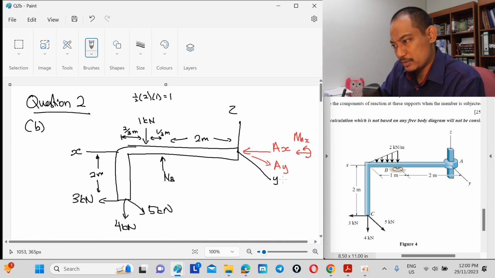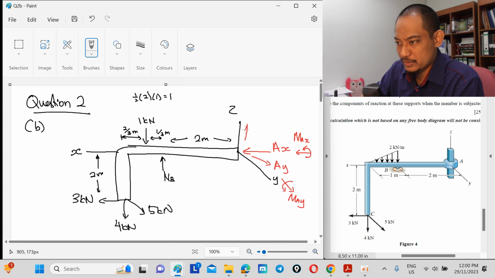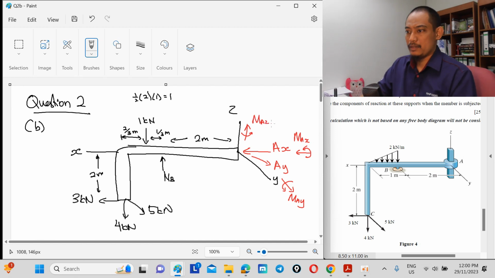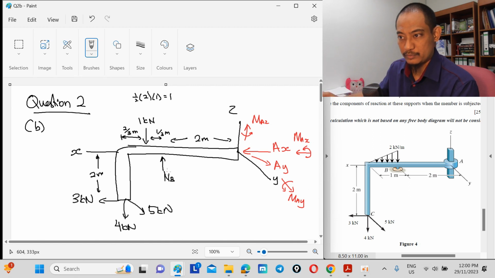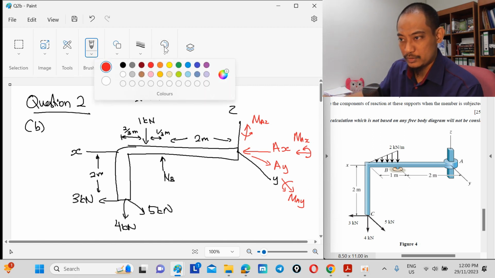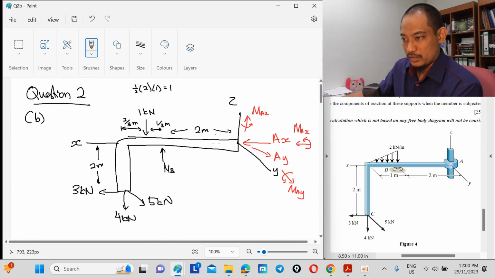It cannot rotate about Y, so MAY. And it cannot rotate about Z, so MAZ. So those are the forces, and NB we also have to find, right? So let's use this one.